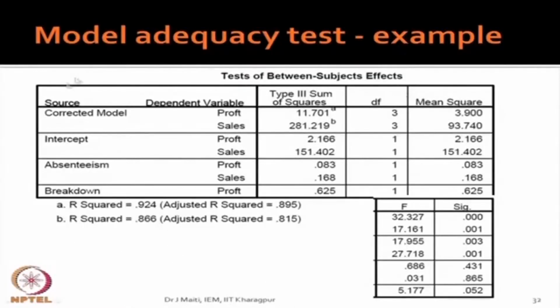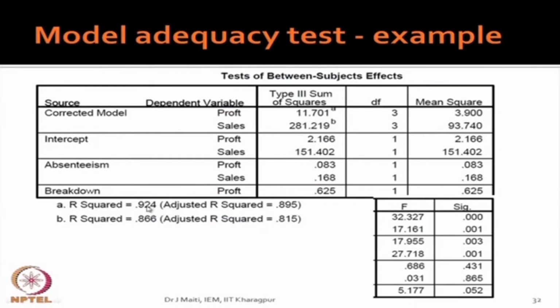So this is your total sum of squares under profit and under sales, and you see the R square, like the univariate R square, that multiple regression R square.